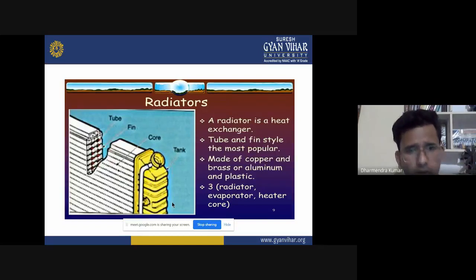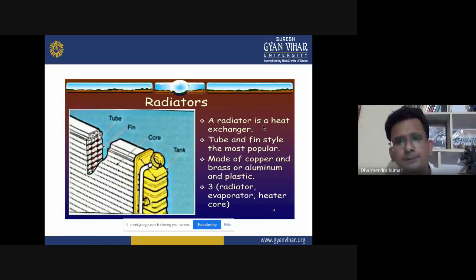This is the picture of the radiator we have discussed earlier, with these types of fins which dissipate the heat energy to the surrounding air. These are the cores, and this is the tank for filling the water. It works like a heat exchanger because it dissipates the heat to the surrounding air.